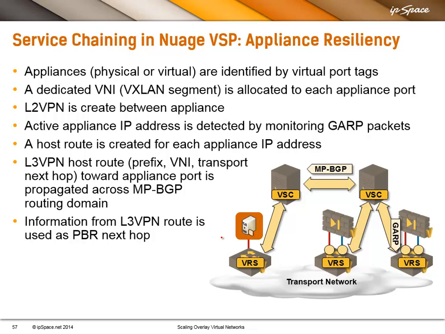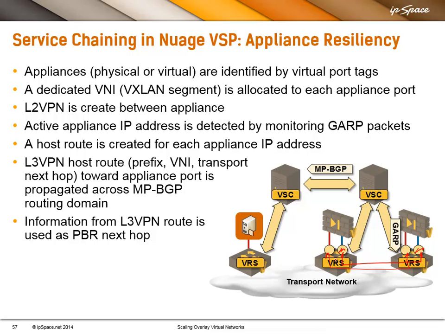And now for the final complication, what if we want to have two appliances for resiliency? In that case, yet again, each port gets its own VNI segment, here and here, because we need that for proper next hop indication. And then VSP creates a layer 2 VPN between these two and between these two, because the appliances need that for keepalive mechanisms.